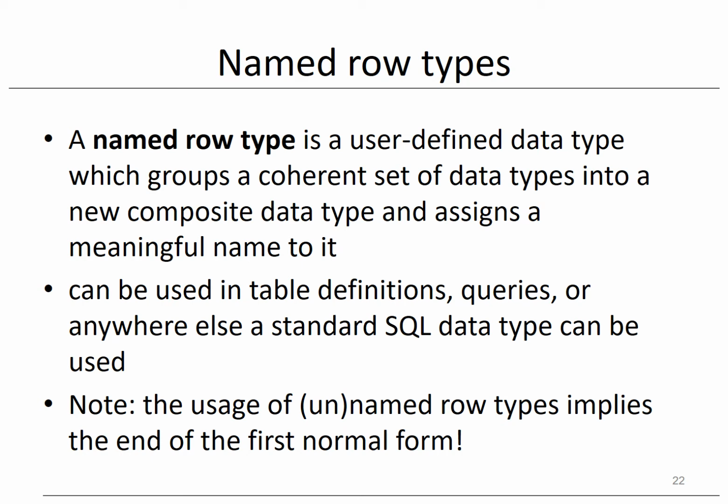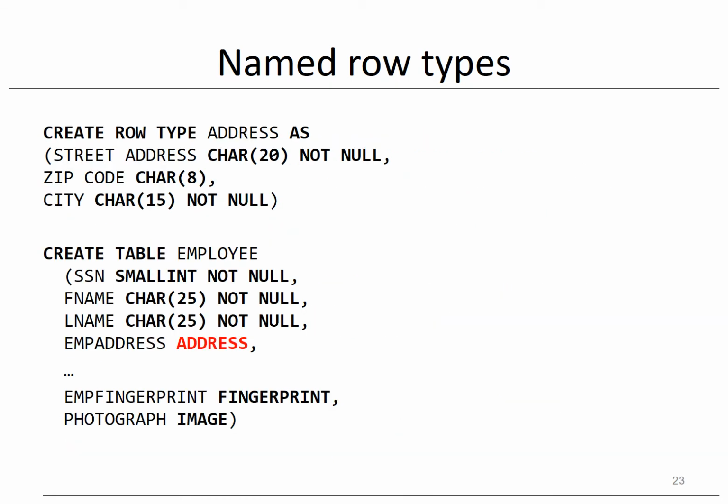Unlike unnamed row types, named row types can be used to define tables. Here you can see an example of a named row type address. This can then be used to define our employee table as illustrated below.